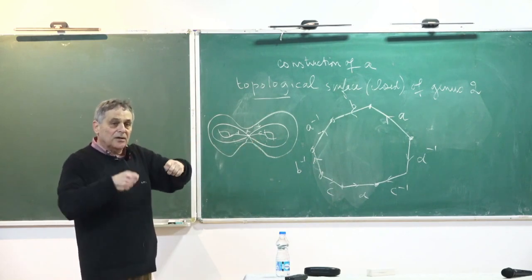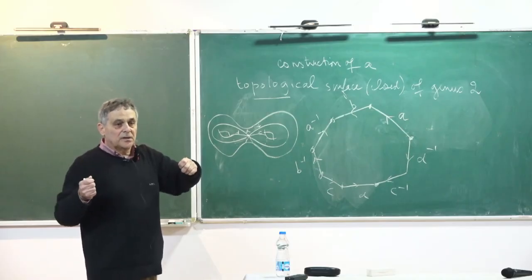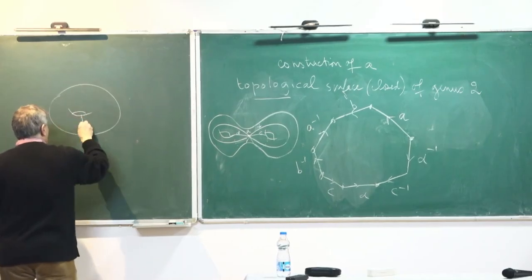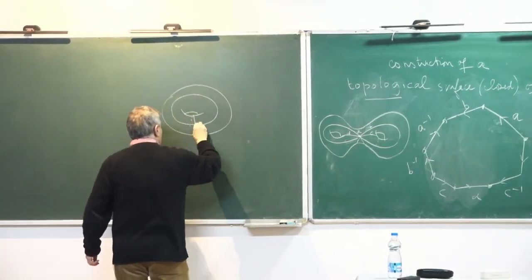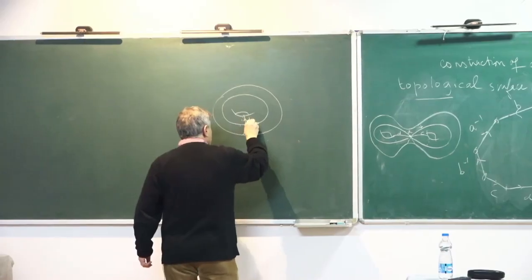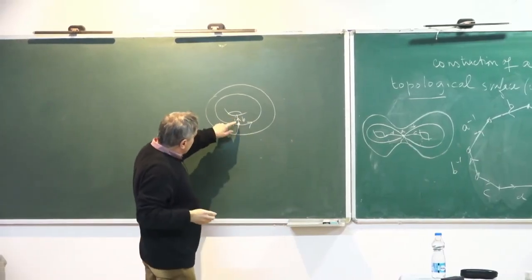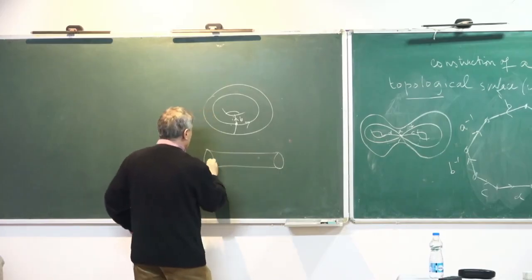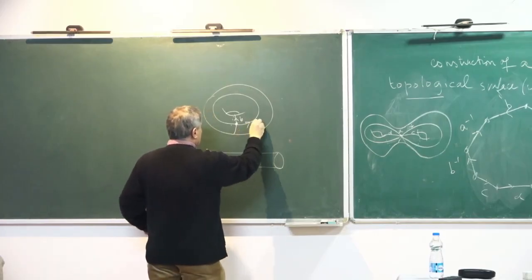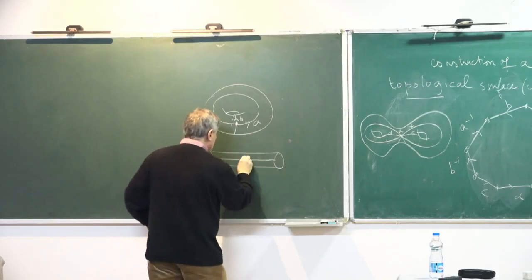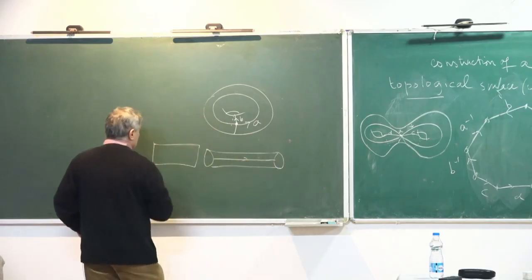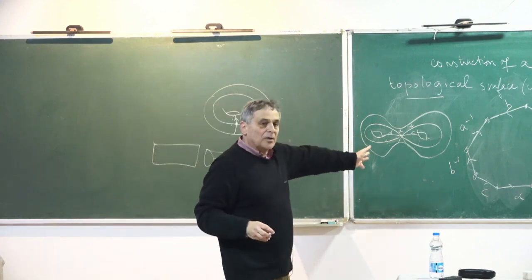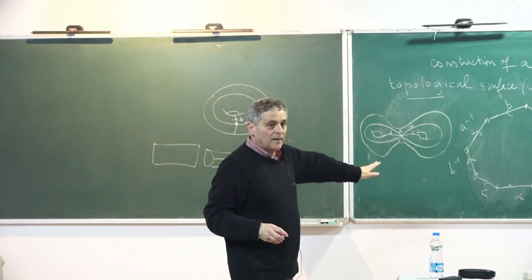Then you cut along the second one, and so on. With the torus, this is A and this is B. Here it's easier to visualize. When you cut along B, you get this cylinder. You can open it. And when you cut this cylinder along A, you get this. Here it's the same thing, a little bit more complicated, but it's not difficult at all.